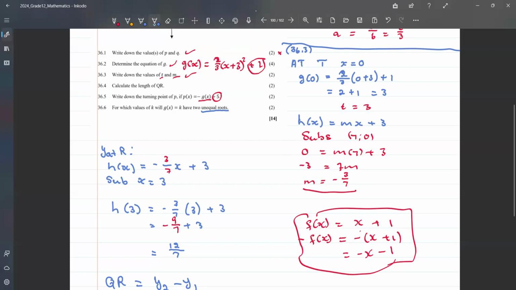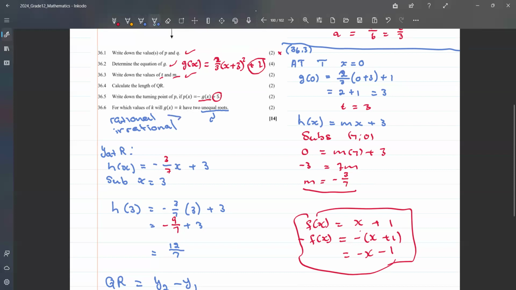For unequal roots, they are not specific. Are they unequal and rational, or are they unequal and irrational? There are no specifics here, so we can get any unequal roots. It doesn't matter if we get rational or irrational.